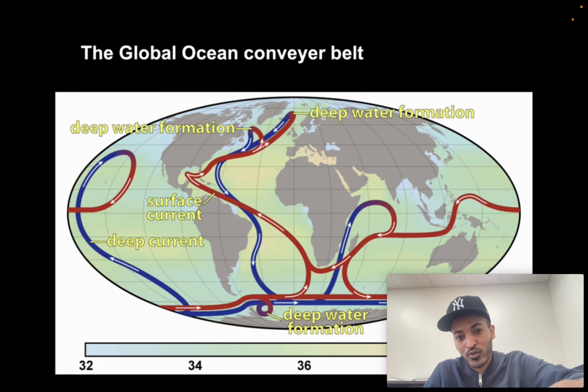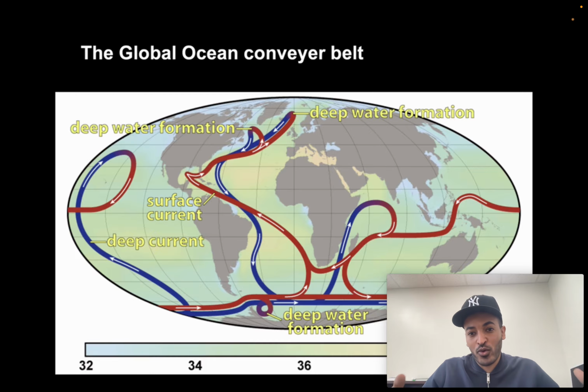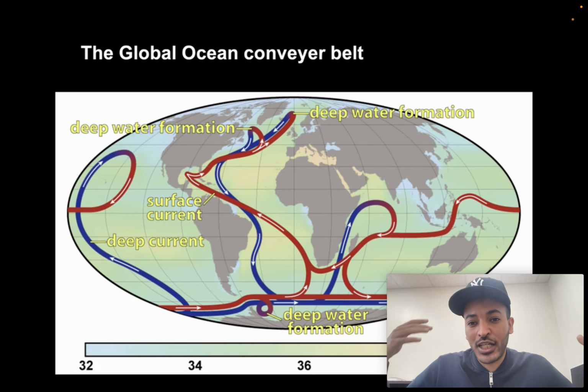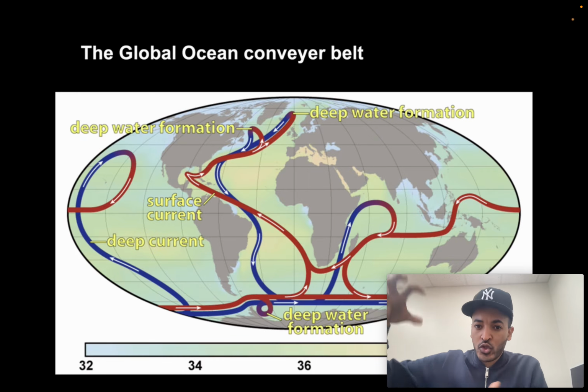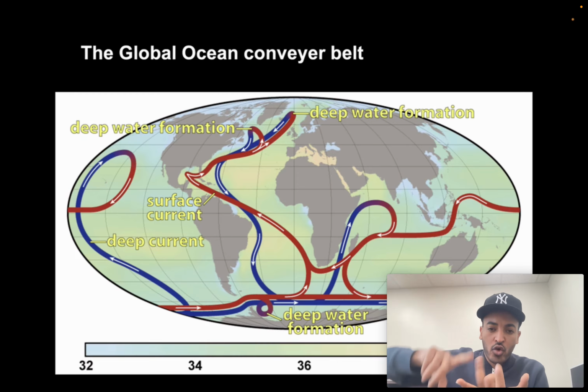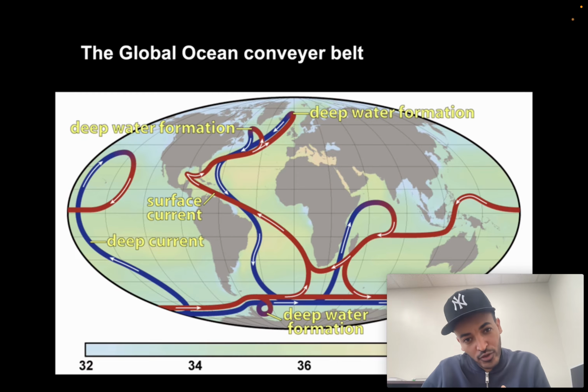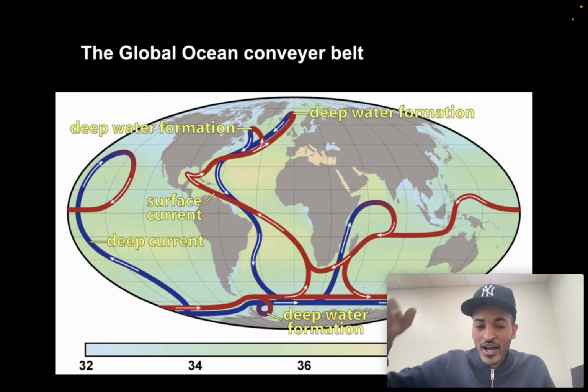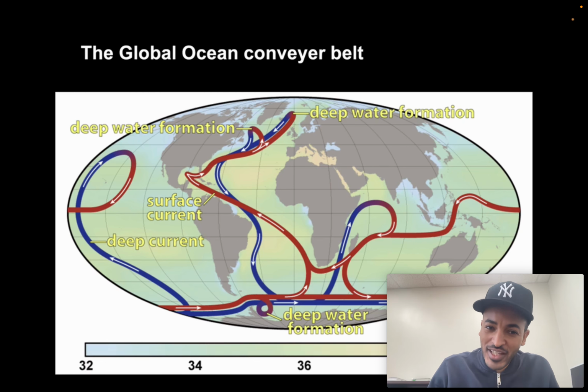Along the way, it triggers what we call deep water formation, right? So that very cold and highly saline water forms in the northern high latitudes, like above the northern Atlantic Ocean.